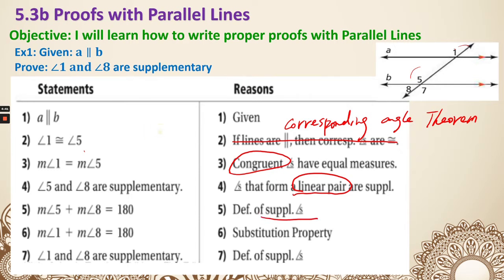That's the definition of supplementary angles. And now, since we already know 5 is the same as 1, we can replace 5 with 1. So we have the measure of angle 1 plus the measure of angle 8 equals 180 degrees, and that is substitution. And since they sum to 180 degrees, we can say these two angles are supplementary. That is the definition of supplementary. That is example 1.